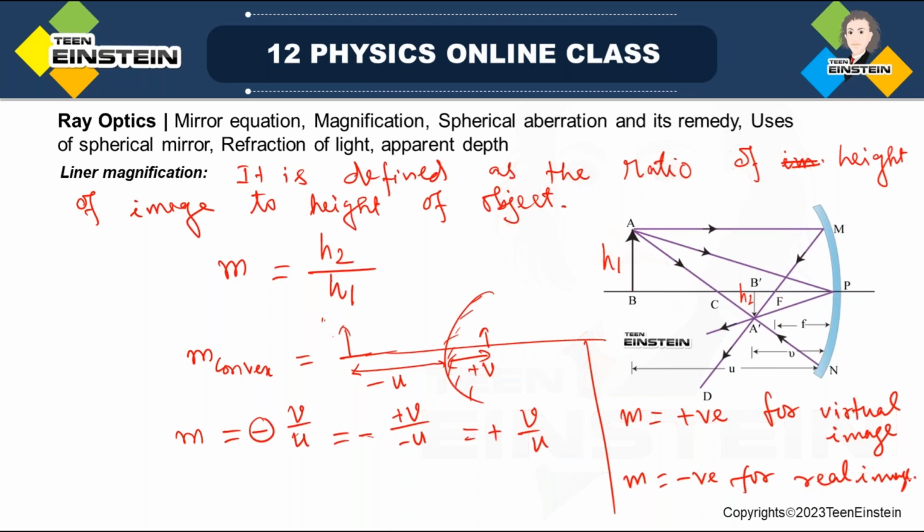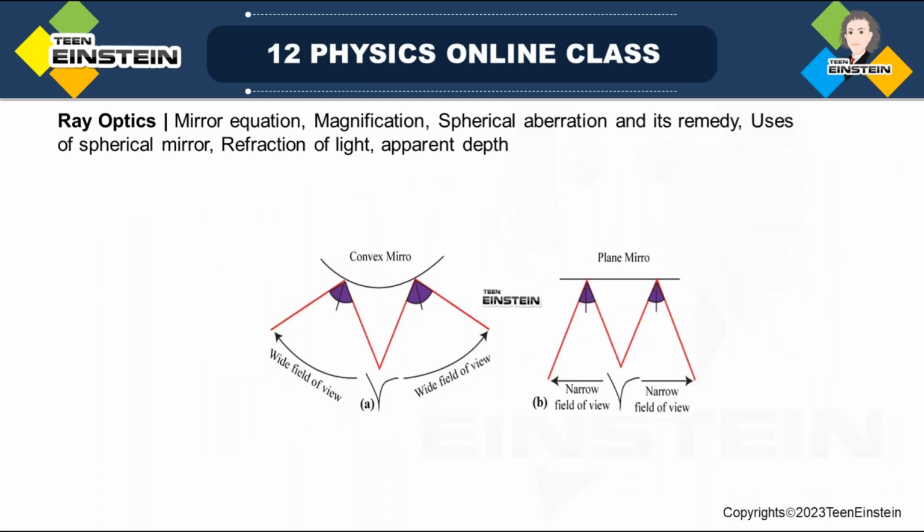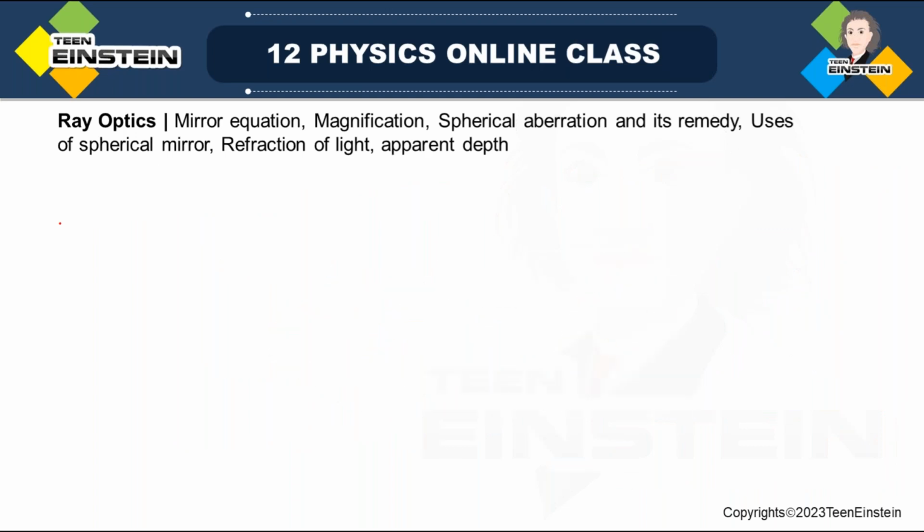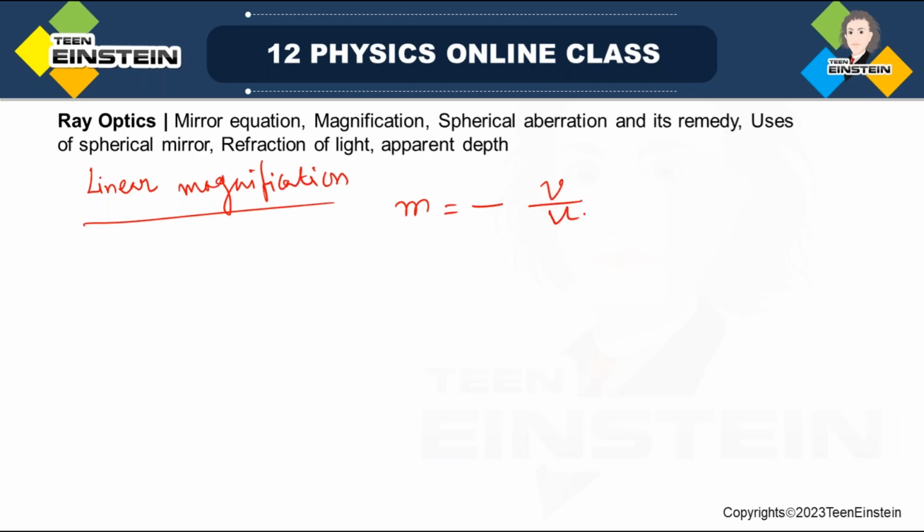See, a few more things you can do with this magnification. See, linear magnification. With this, you know what we can do. So we have got the definition of magnification as minus v by u.